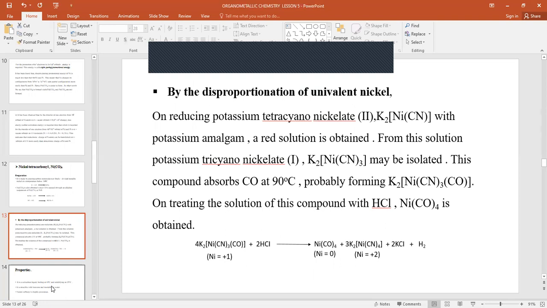It can also be prepared by disproportionation of univalent nickel. On reduction of potassium tetracyanonickelate(II) with potassium amalgam, a reddish solution is obtained.